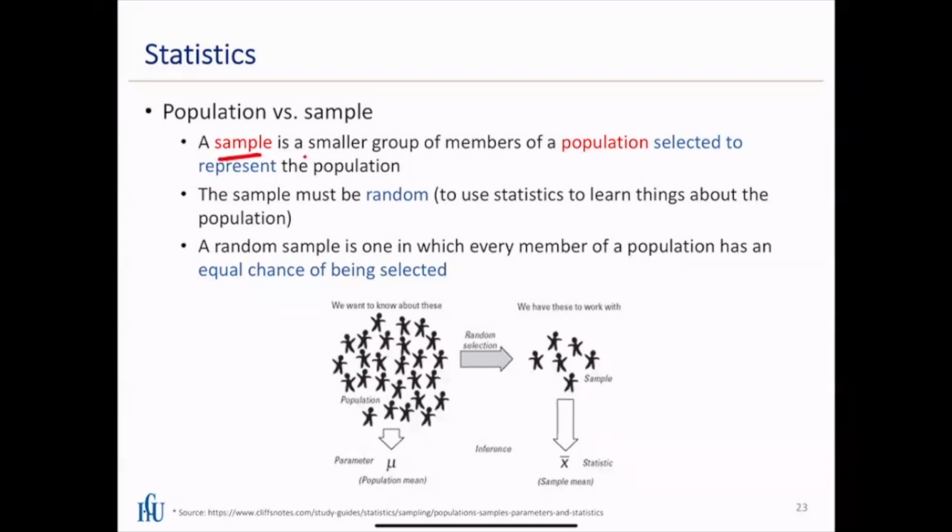A sample is a smaller group of members, but the big condition is that the sample should come from the population. So the sample is representative of my population. Sample selection must be random, and each individual in the population should have an equal opportunity to be selected.